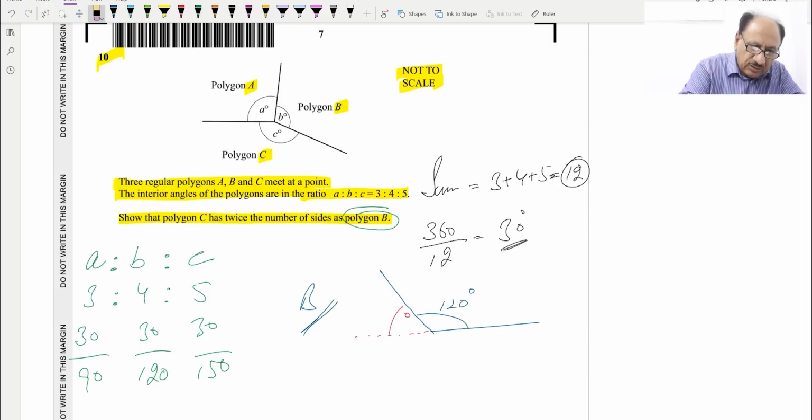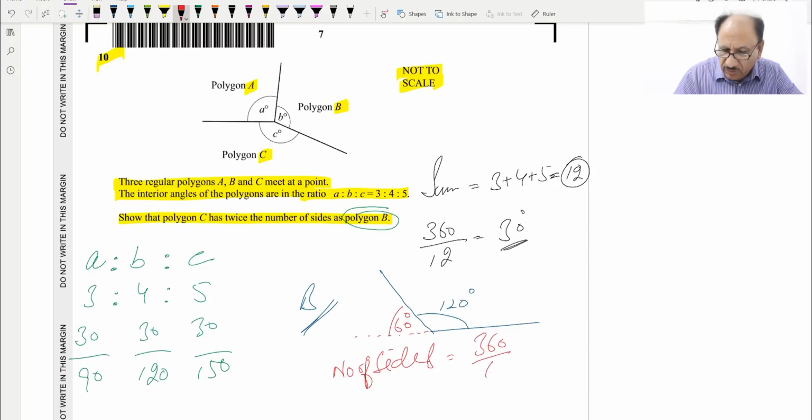So the exterior angle is 60 degrees. So the number of sides of the polygon will be equal to 360 divided by 60, which is equal to 6. So for B it will be 6.